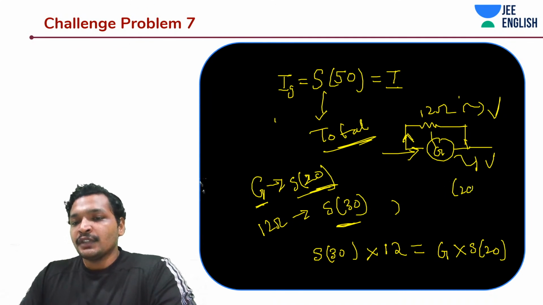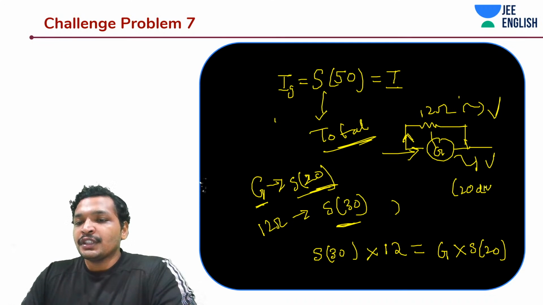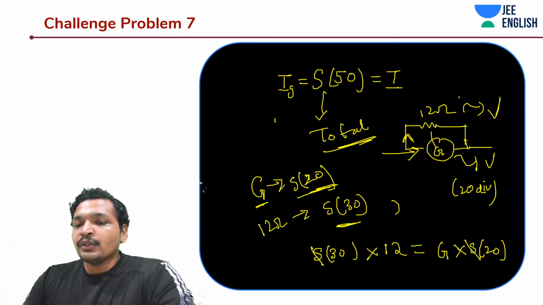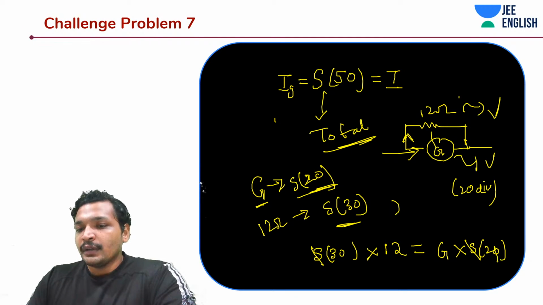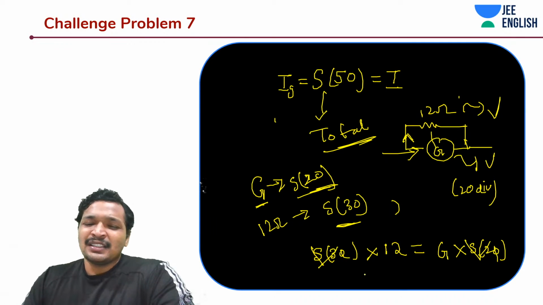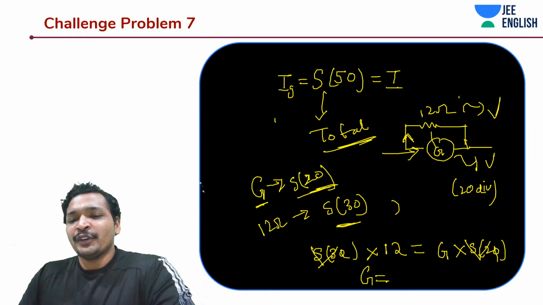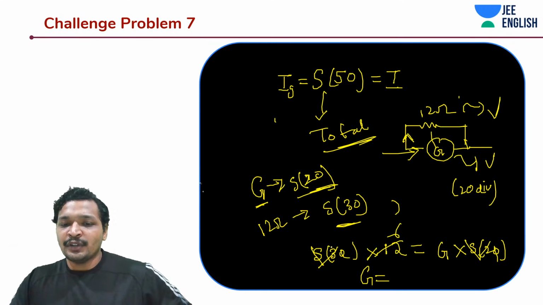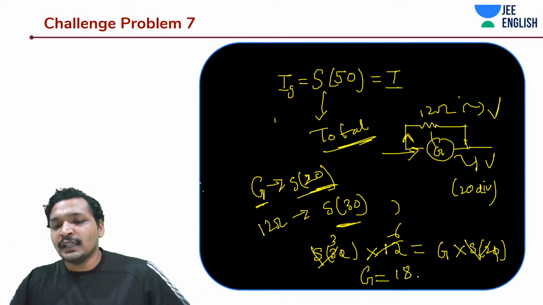New divisions are 20, whereas initially it was 50. Basically S is telling you the amount of current, right? So you can equate it. I'm not going to do the entire thing. This is going to be 6, this is going to be 3, it will remain intact. It's going to be 18 ohms.